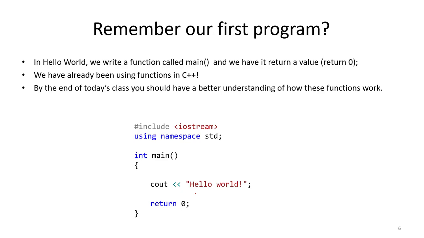And you might remember the very first program that we wrote. We talked about the Hello World program and how we used this syntax int main. And remember, when we use int main here, essentially what we are doing is we are creating our main function.